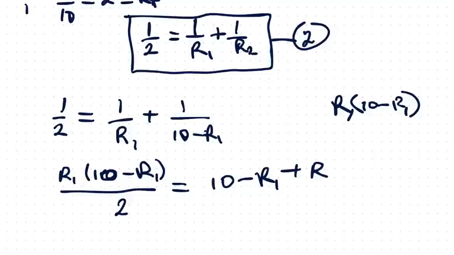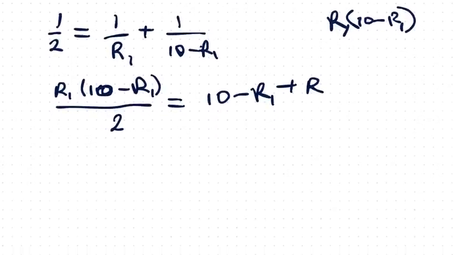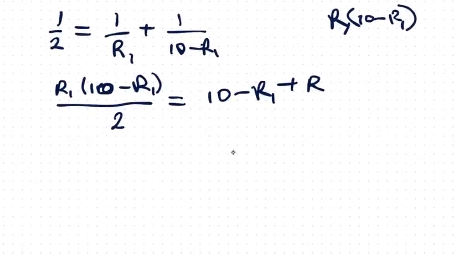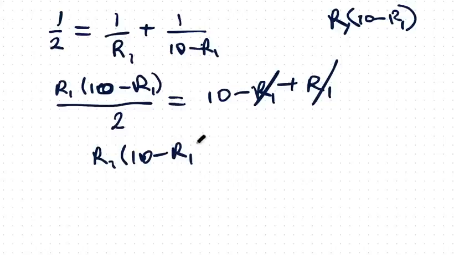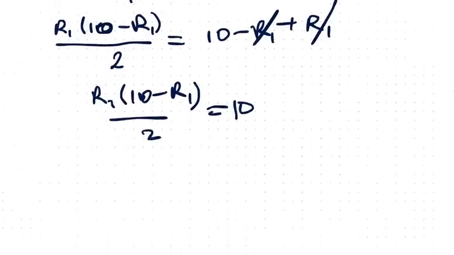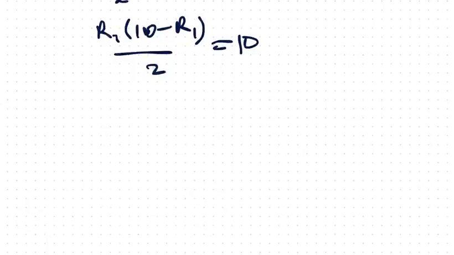So at this point, I can see that the terms cancel themselves, and I'll be having R1 into 10 minus R1 divided by 2 is equal to 10, and this is equal to R1 into 10 minus R1 is equal to 20.